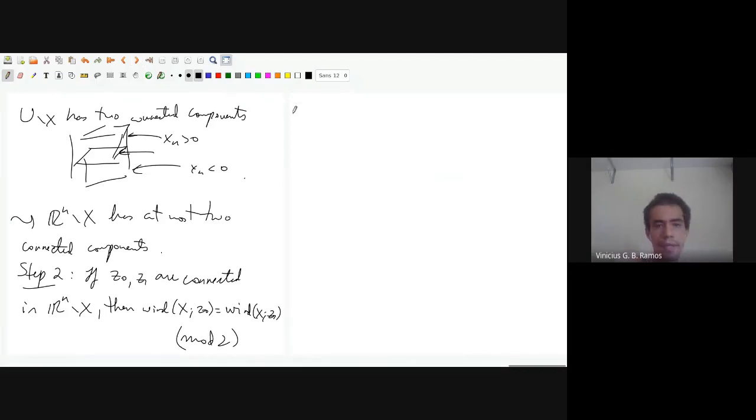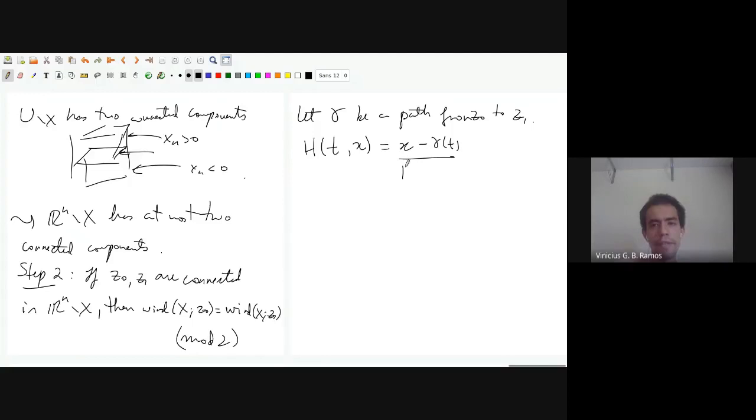If you let gamma be a path from Z0 to Z1, then you can just write a homotopy h of t, x, which is x minus gamma of t over the norm of x minus gamma of t, where h goes from [0,1] times X to S^(n-1).